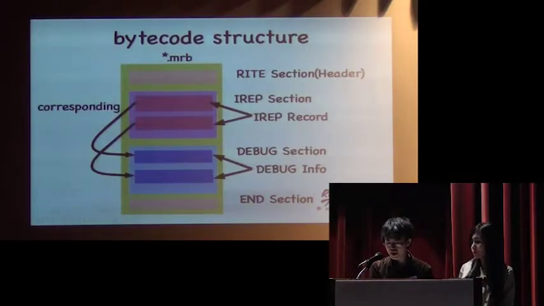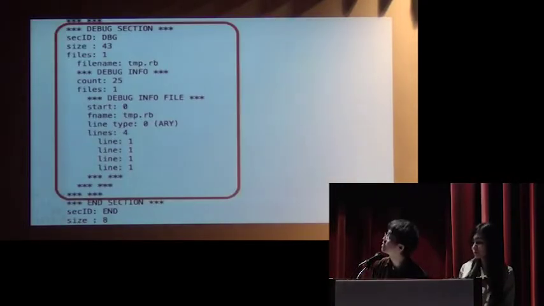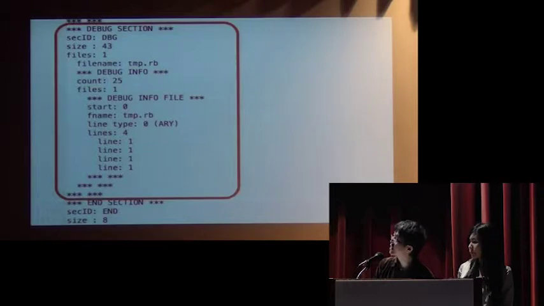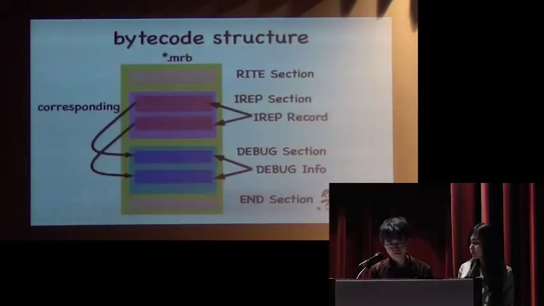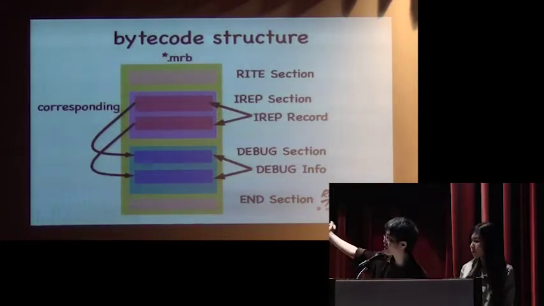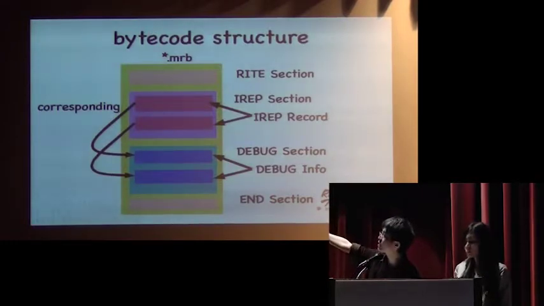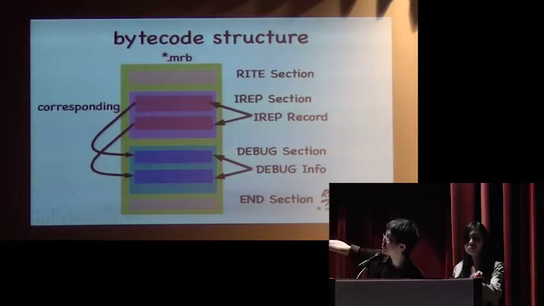The debug section has a file name and many line numbers. 1111 is line number 1. These line numbers correspond with IREP records. IREP records correspond with debug info.